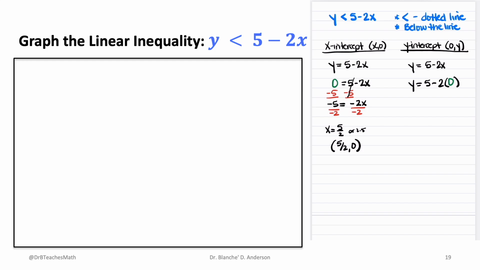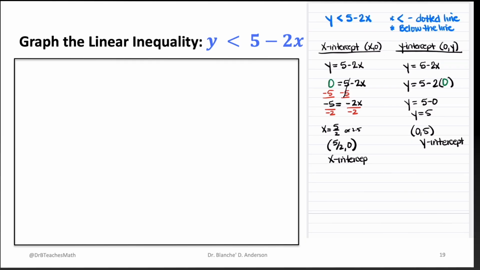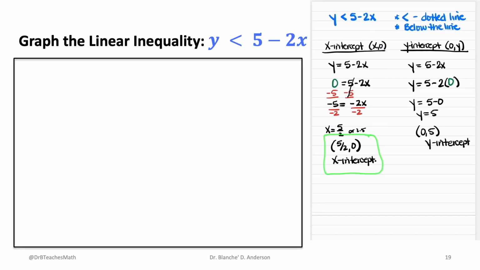So I end up with y equals 5 minus 0. So y equals 5. So that means when x is 0, y is 5. So this is my y-intercept. This is my x-intercept. These 2 points will help me graph the line. That's what I need. That's perfect.